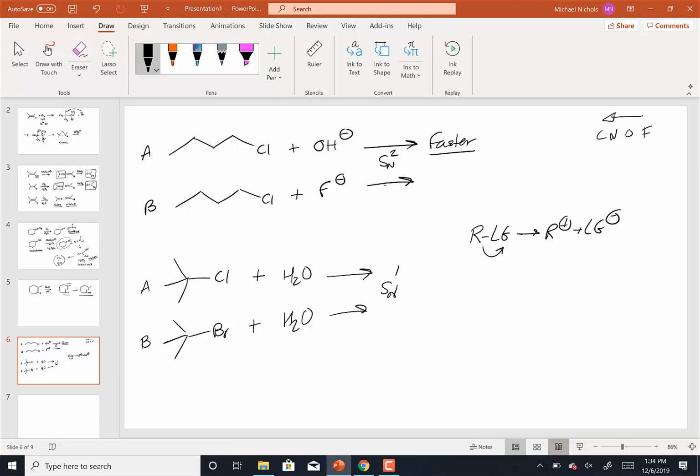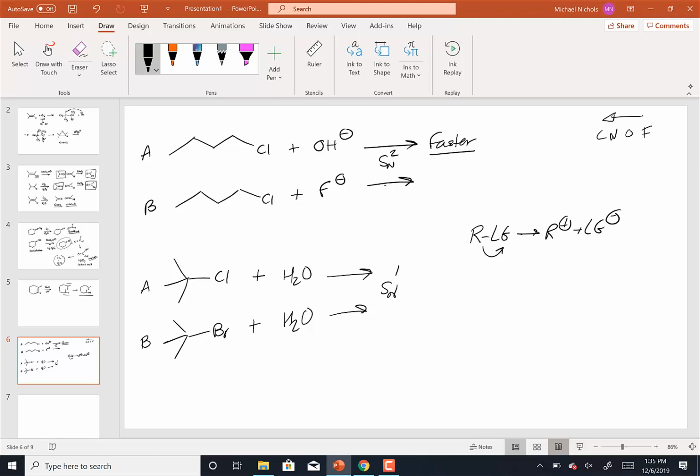So who's a better leaving group, chlorine or bromine? So now we have to think, what is the one thing that goes into leaving group ability? Exactly. So leaving group ability is based on one thing, basicity, inversely. So what I'm looking for here is the best leaving group, which means of Br and Cl, which one is the weaker base?